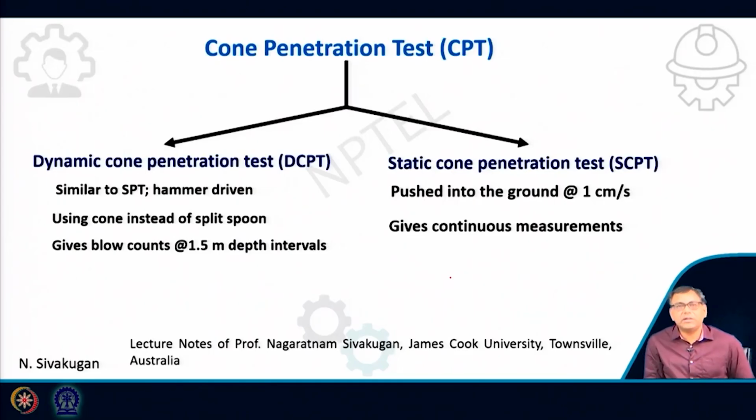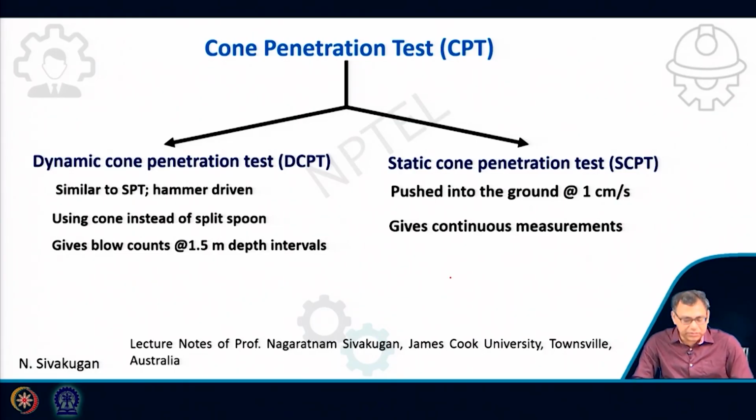So, now next one is the cone penetration test. So, cone penetration test will be two types: dynamic cone penetration test DCPT and the static cone penetration test SCPT. Here we will discuss mostly the SCPT value. Now, dynamic cone penetration test is similar to SPT where you apply the hammer, but for static cone penetration test, here the cone will be pushed into the ground at a rate of 1 centimeter per second.